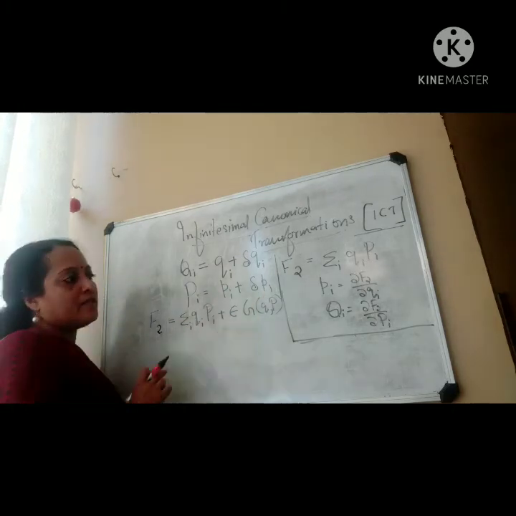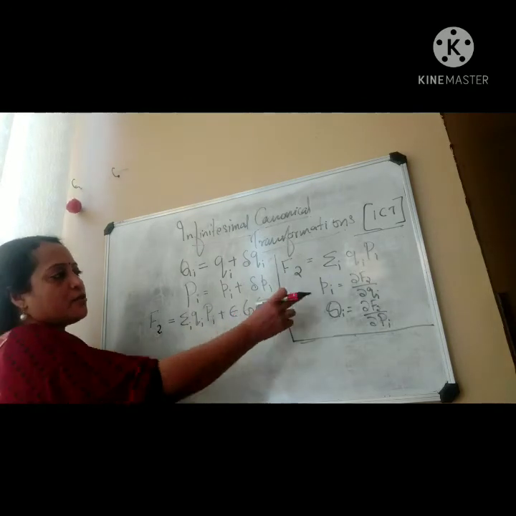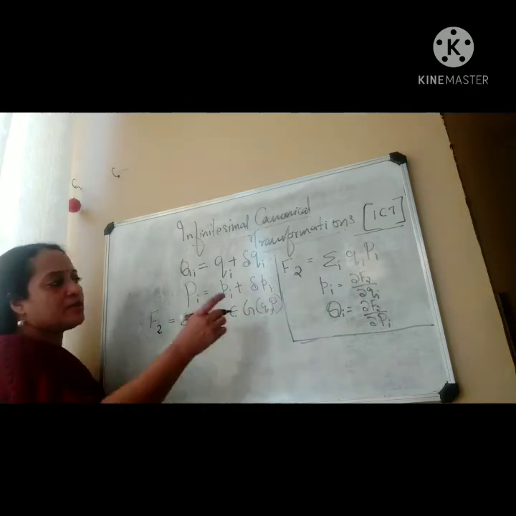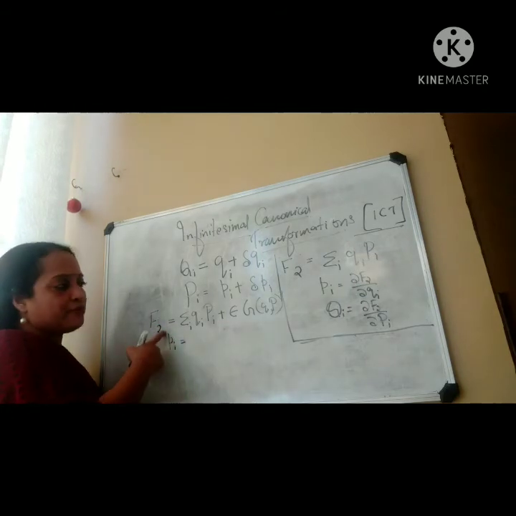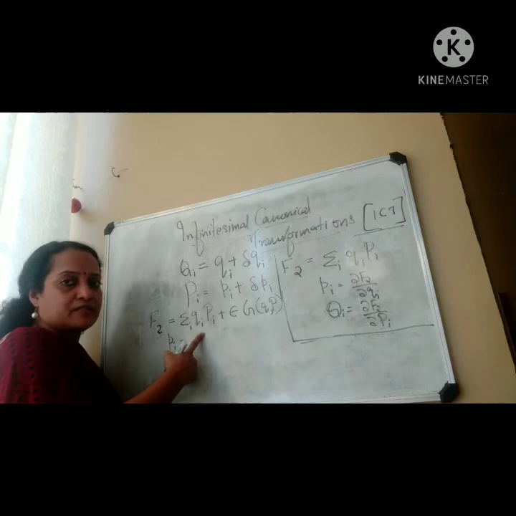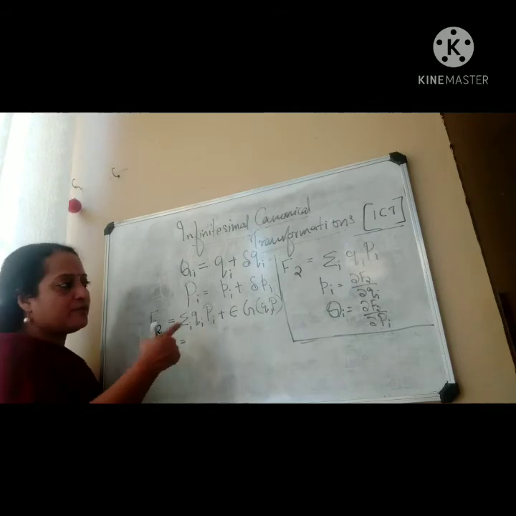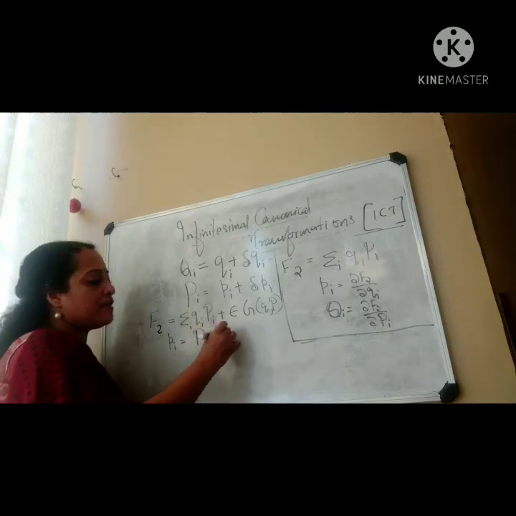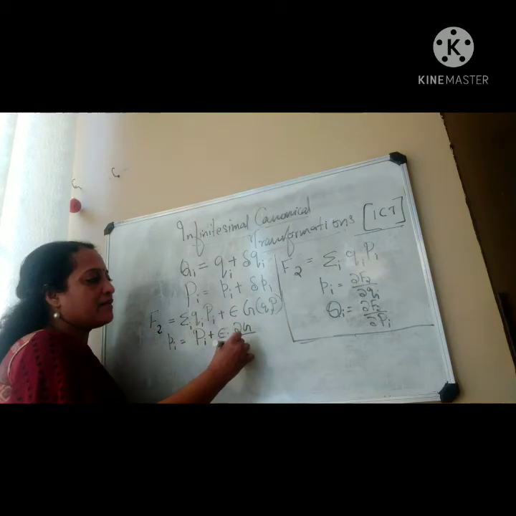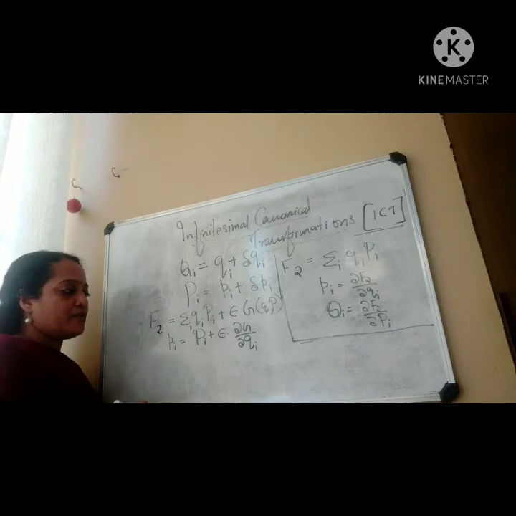Let us see the transformation equations. Here small pi will be equal to dou F2 by dou qi. Differentiating with respect to q, this becomes Pi plus epsilon into dou G by dou qi.